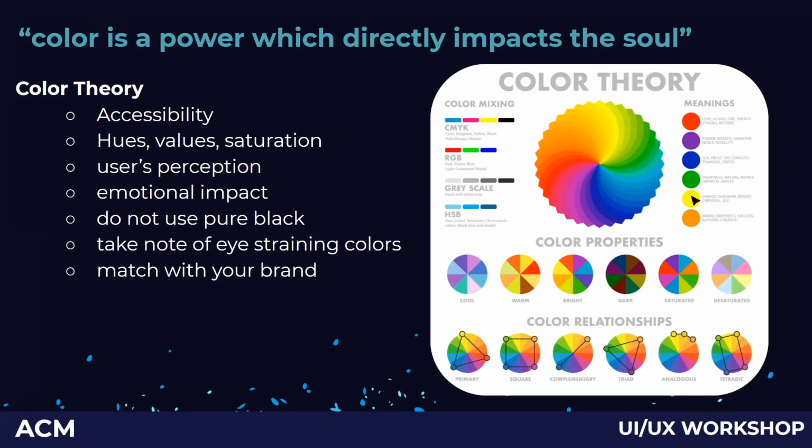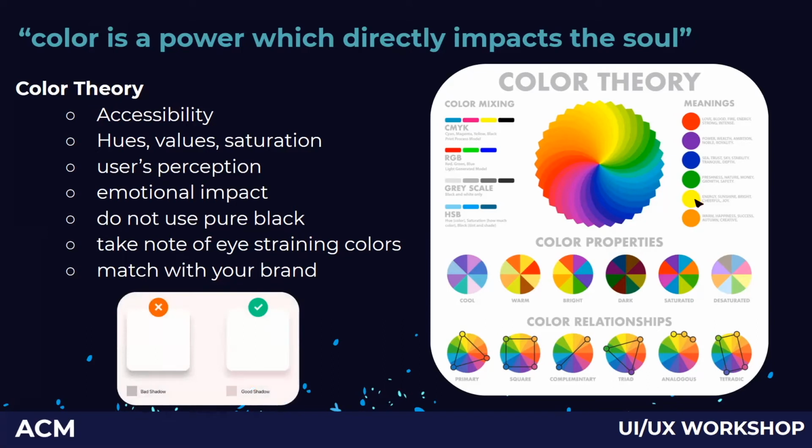And when you're creating your project, do not use pure black or pure red because of eye strain. It really hurts the eye when you have those bright colors like pure red, so just don't do it.